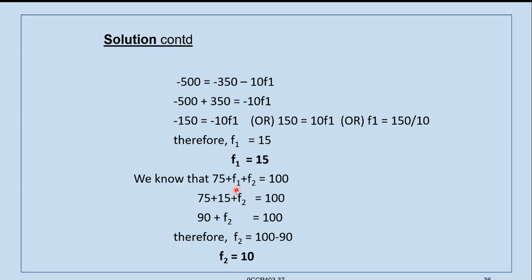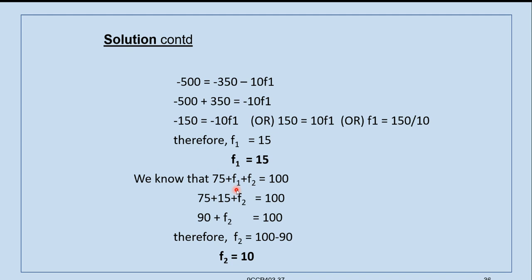And since we know 75 plus f1 plus f2 is equal to 100, from the table we have calculated, we substitute f1 as 15: 75 plus 15 plus f2 is equal to 100, or 90 plus f2 is equal to 100.